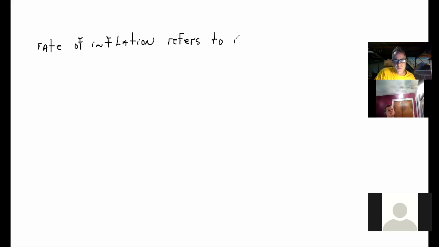Refers to a relative, and we know that word is going to mean percentage. A relative change in CPI, or Consumer Price Index, from one year to the next.